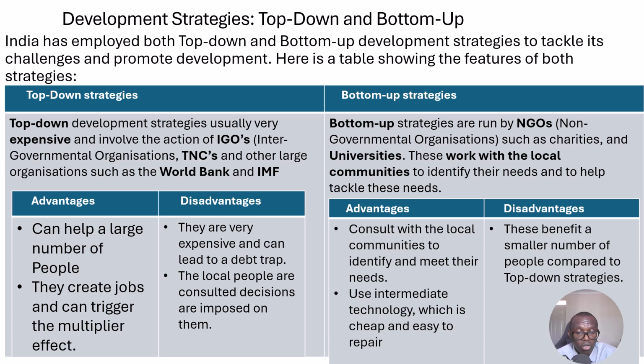So because it costs a lot of money, they will need such large organizations to fund them. So what are the advantages of top-down development strategies? They can help a large number of people, and they also create jobs which can then trigger the multiplier effect.